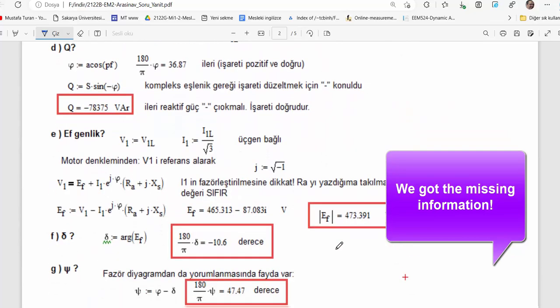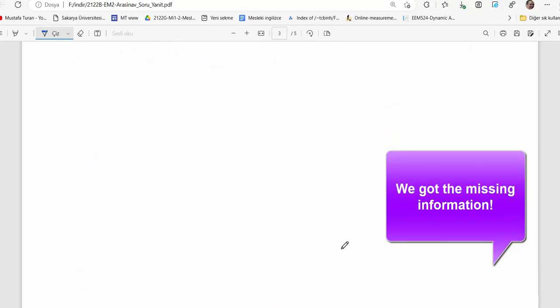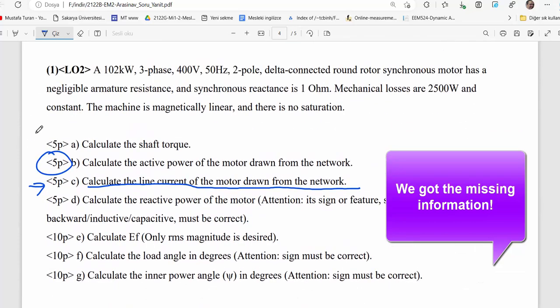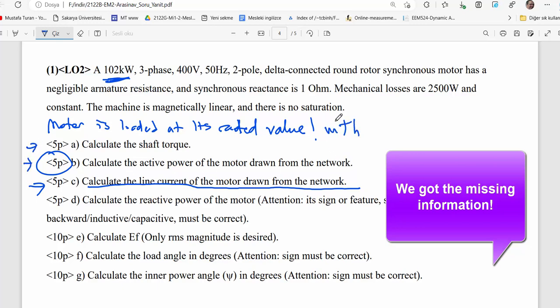Okay, here is something missed, but I said the motor is loaded at its rated value. We have already considered this in these questions, with a 0.8 leading power factor.